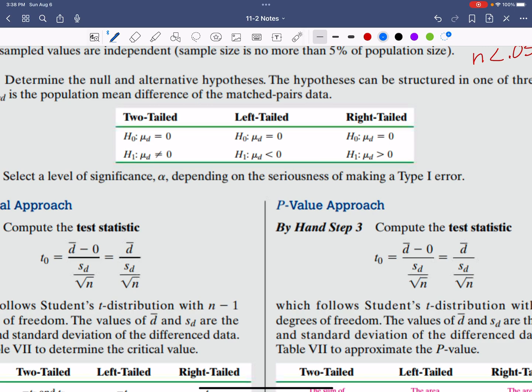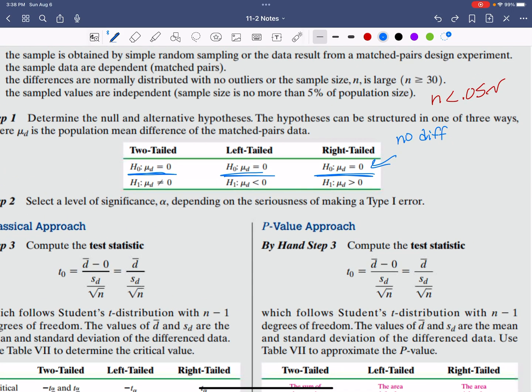If it's exactly the same, there is no difference. Notice it doesn't matter if it's two-tailed, left-tailed, or right-tailed. This means no difference.